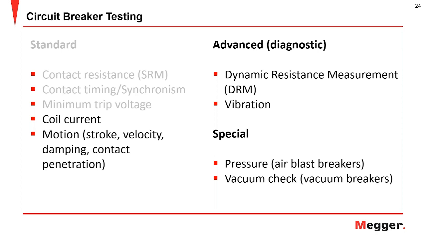We have another group, let's say advanced, which are more or less diagnostic methods with dynamic resistance measurement and vibration. And a special group of tests which are circuit breaker constructive type dependent. Pressure for air blast breakers and vacuum check for vacuum breakers.